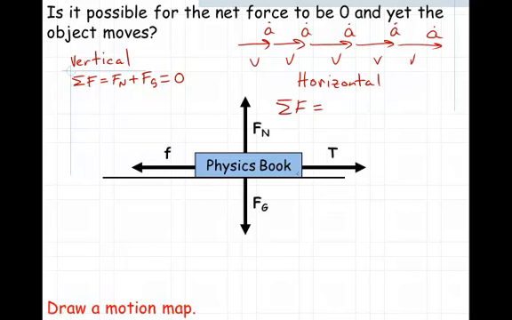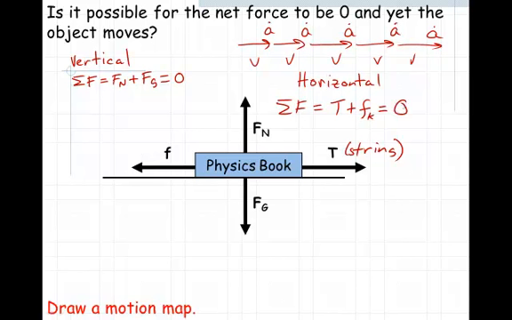This force of tension, because let's assume that this is a string, is pulling to the right. That force of tension plus this frictional force here, which in this case, since it was moving, we want to give a kinetic frictional force, were equal. Both of those two added up were equal to 0.